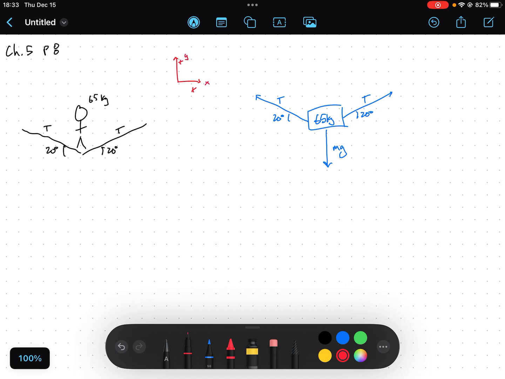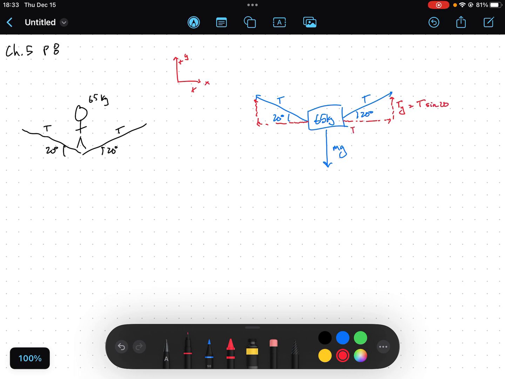We have two forces that we need to deal with in terms of breaking them into components, because they're not aligned with our coordinate reference system. So just like in the last problem, the y component of both of these forces is going to be equal to the overall force times the sine of the angle.